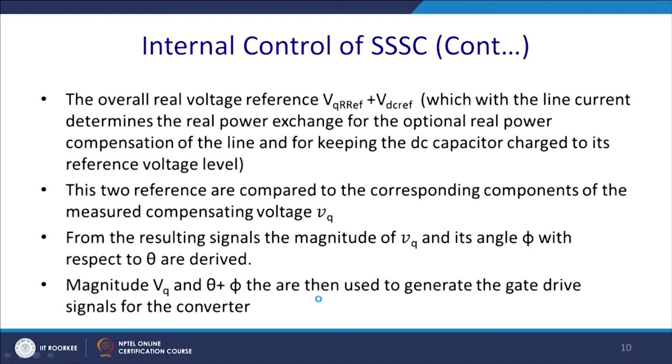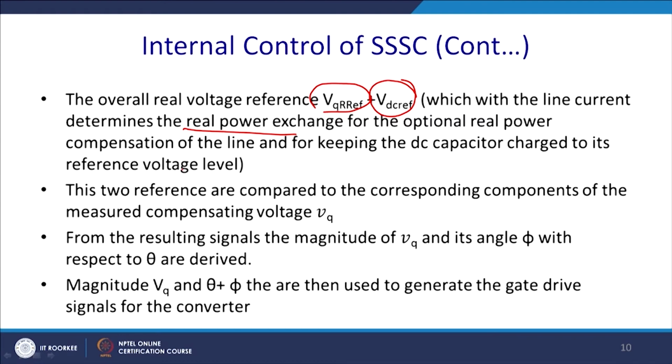The overall voltage reference for this direct control will be VQ R ref plus VDC R ref, which with the line current determines the real power exchange for the proportional real power compensation of the line and for keeping the DC capacitor charged to some reference voltage. This is the requirement.